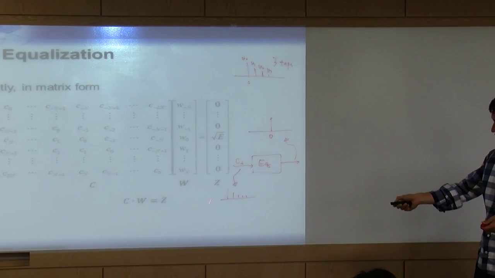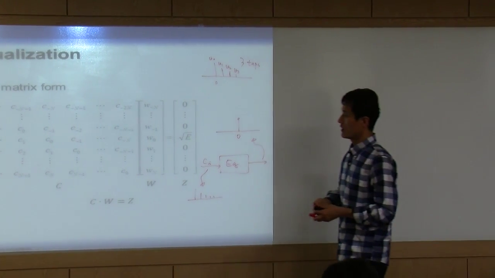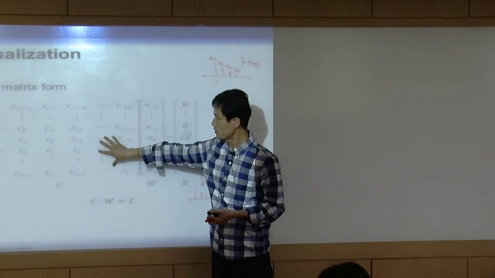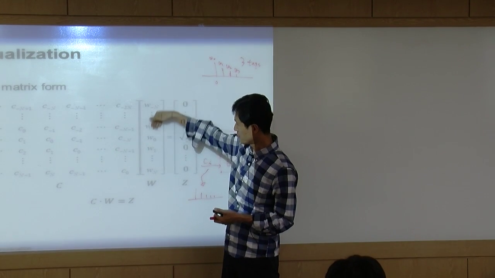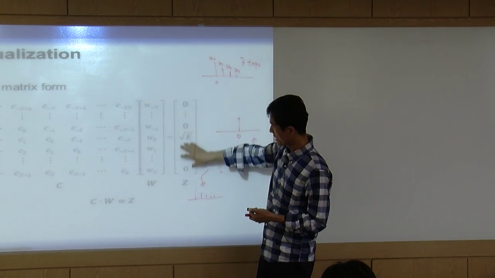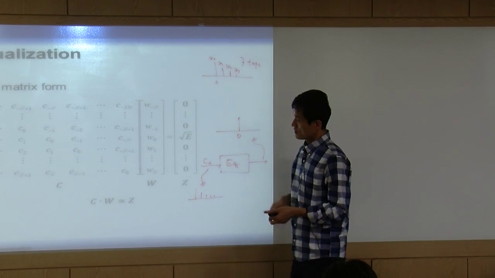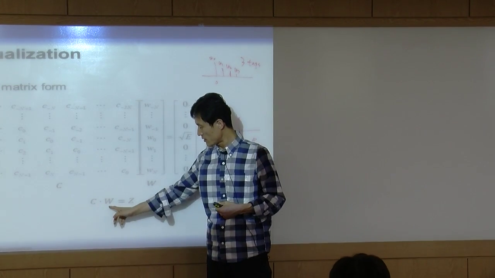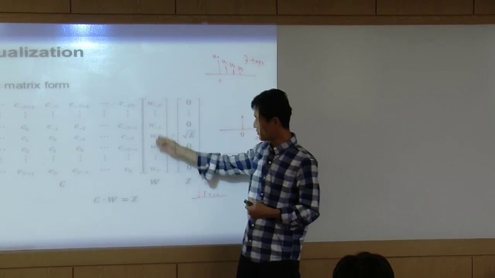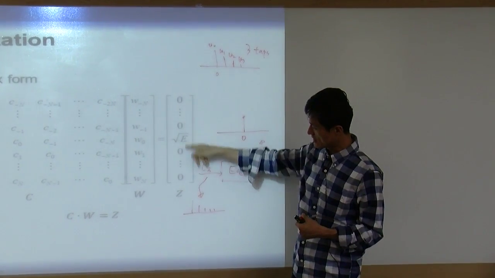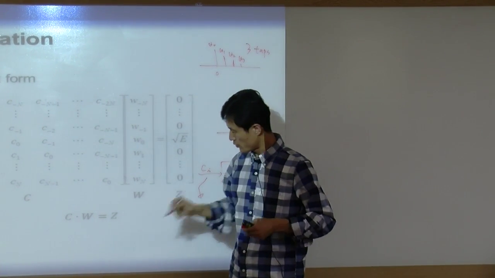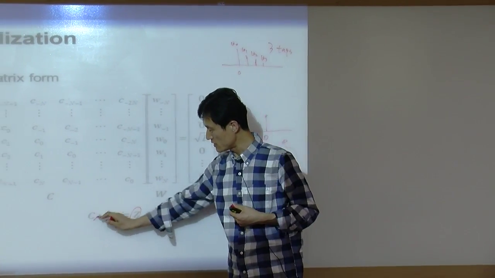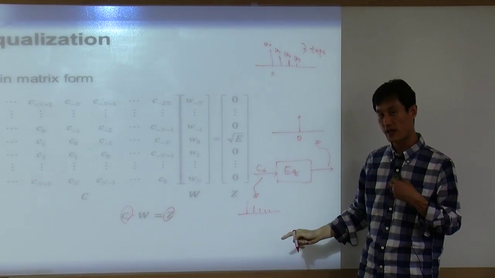Okay, so since this is input, this is output, and this is a matrix form. Input goes into here, goes through the W equalizer, and we're going to get this output. So in the matrix, we can write it as CW equals Z. This is the C matrix, W vector, and Z vector. And this is the output we want. This is the input we already have.